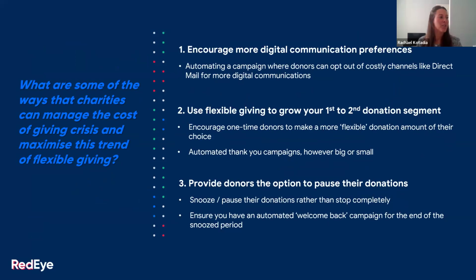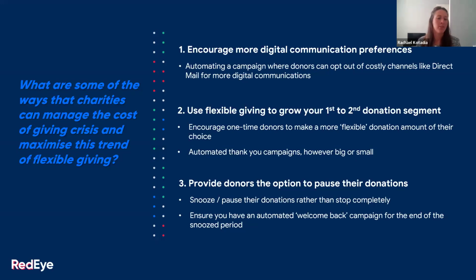Thanks, Will. So yeah, if we look at the cost of giving crisis, that Will highlighted first, which is 90% of you being concerned with your costs, then this is where multi-automation can really help you with being more cost efficient. So direct mail can traditionally be a method that everyone uses to talk to their donors, but it's costly, it's not very efficient, and it's definitely not sustainable.